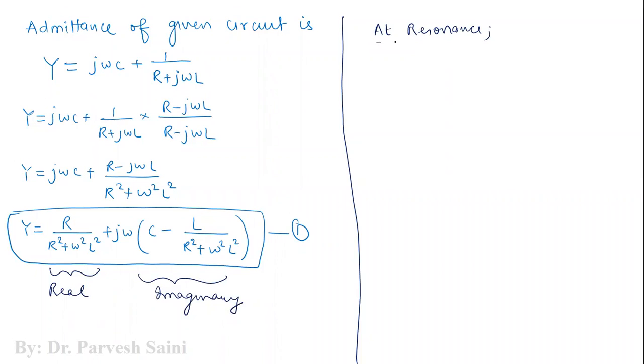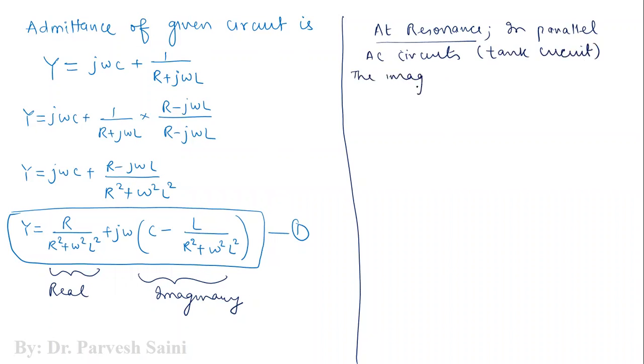Now in parallel AC circuits, basically at resonance in parallel AC circuits, specifically the tank circuit, the imaginary part is 0 and omega is equal to omega naught.